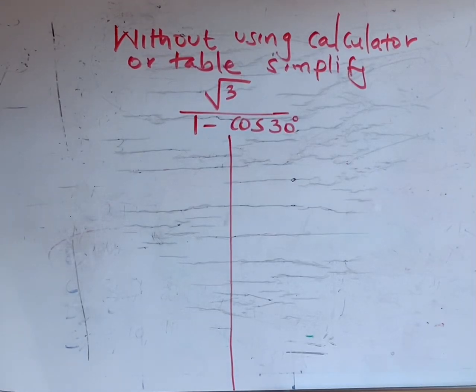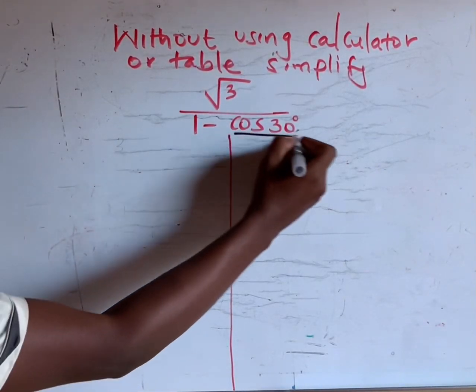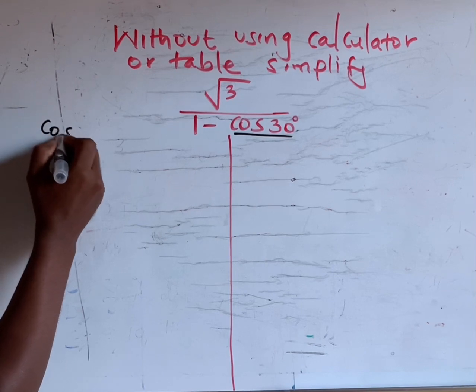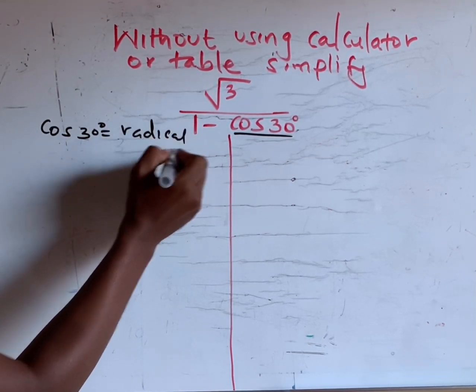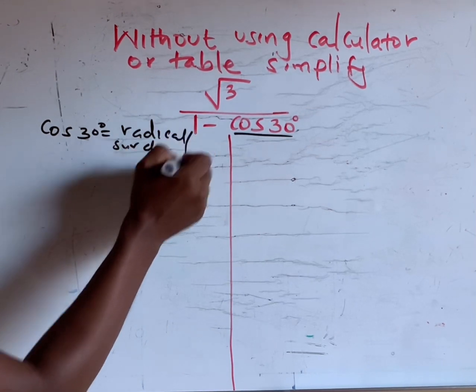To simplify this question, the first step we are going to do is convert cos 30 degrees into a radical, or what we refer to as a side.